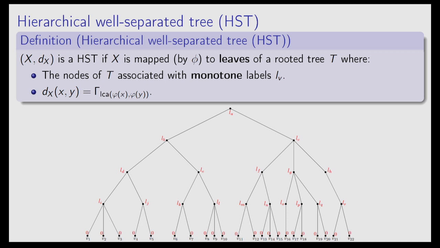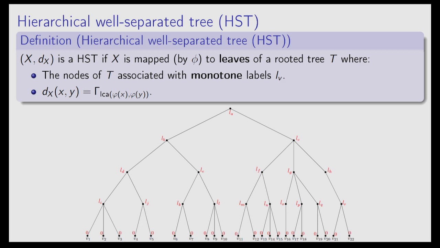That is, the label of each leaf is 0, the label Li is smaller than Ld, which is smaller than Lb, and so on. And the distance between every 2 points, which are 2 leaves in this tree, is simply the label of their least common ancestor, the LCA. So the distance between V5 and V6 will be the label Lb.